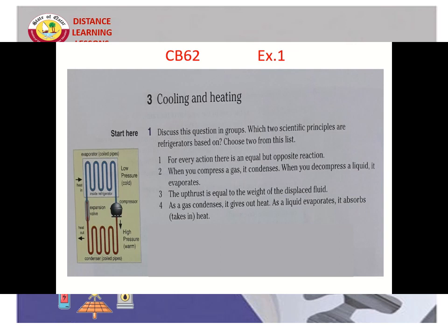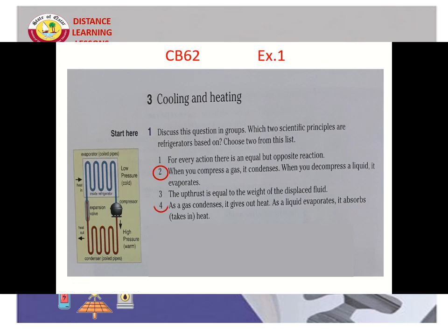Refrigerators are based on, number one, when you compress a gas, it condenses. That is, when you apply pressure on a gas, it turns to liquid. And when you decompress a liquid, that is, when you reduce the pressure on a liquid, it evaporates. That is, it turns to gas.